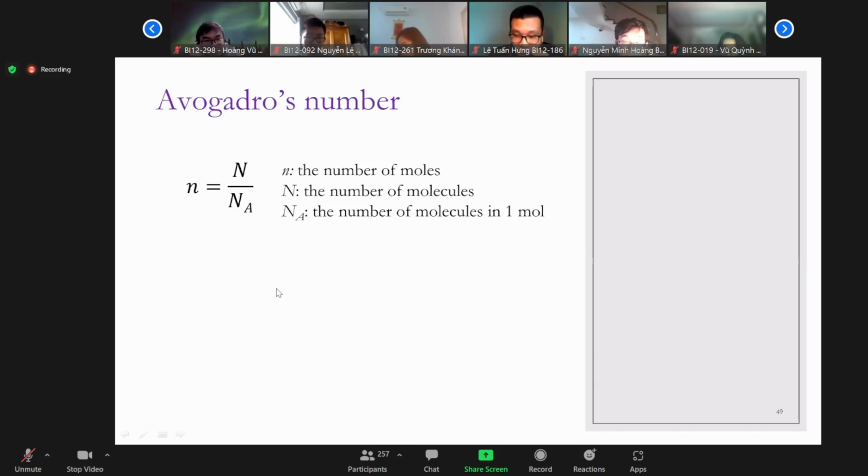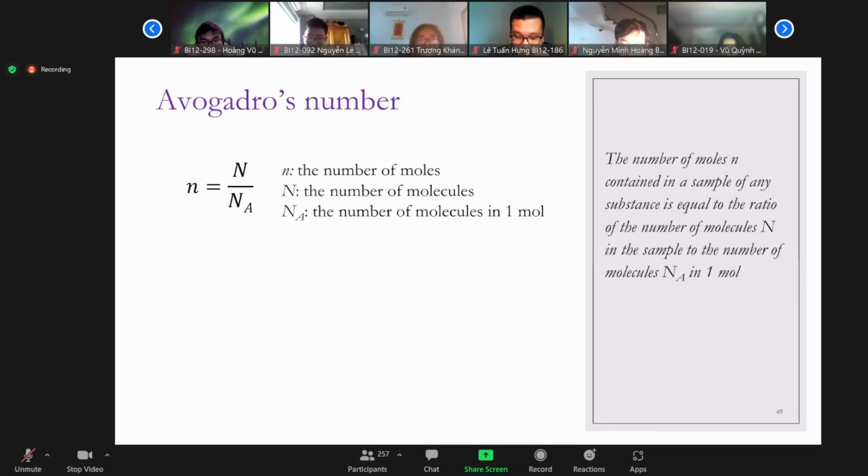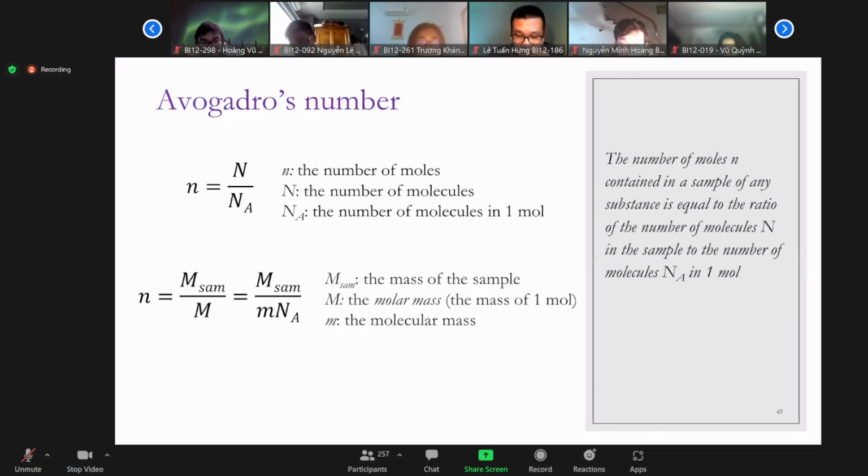Just remember here the notation. The small n is the number of moles. The big N is the number of molecules. And the Na is the number of molecules in 1 mole.